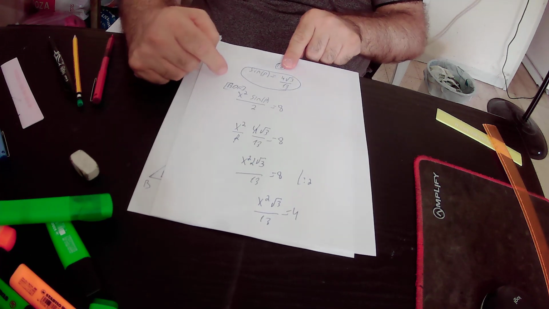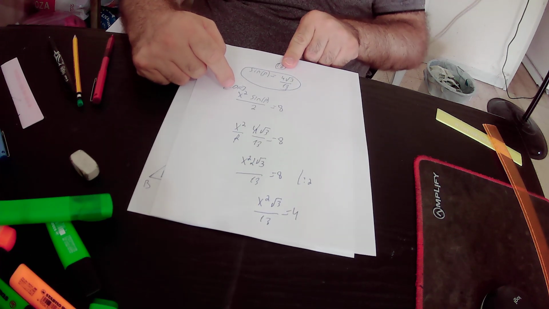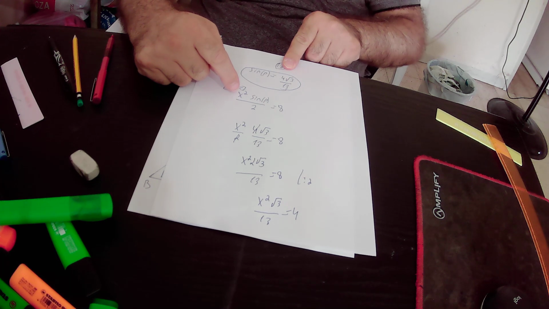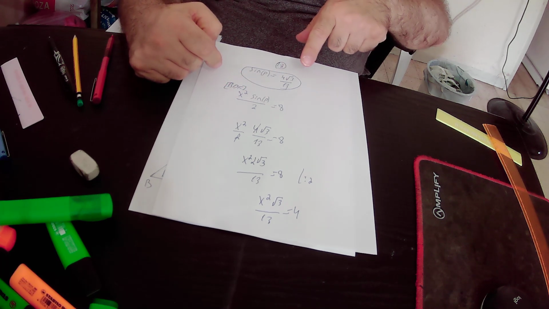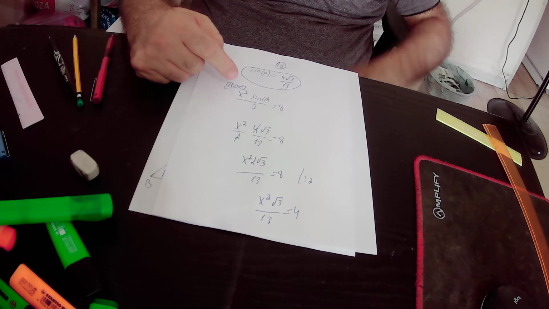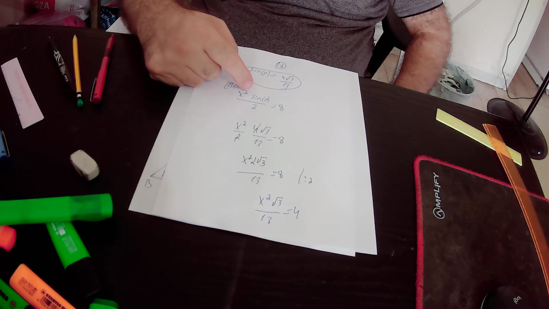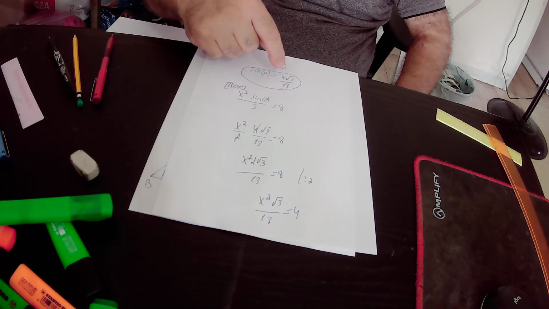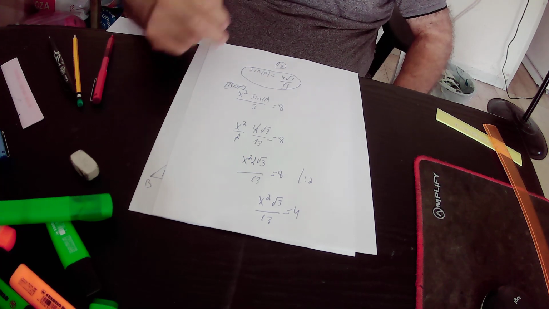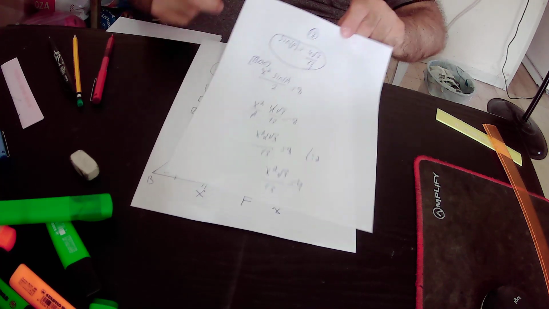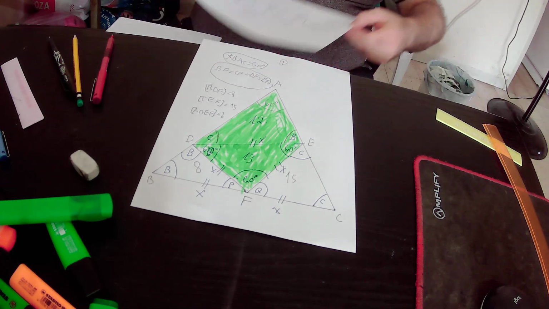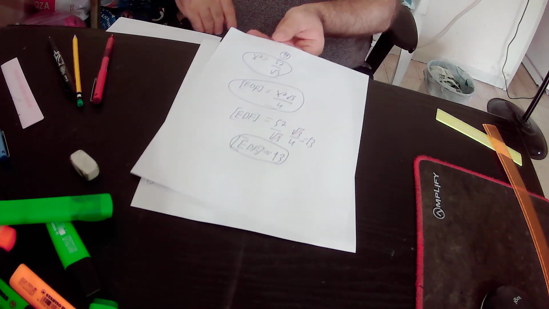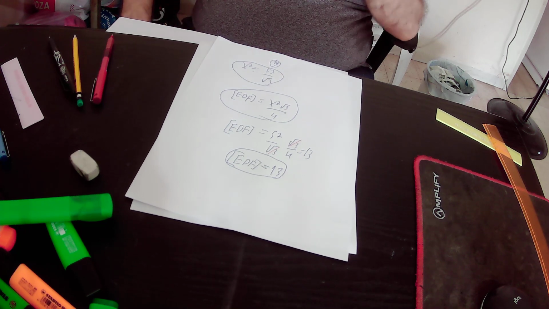The area of triangle BDF equals x squared times sine P over 2. And we know that sine P equals 4 times root 3 over 13, so we can substitute sine P in this equality by 4 times root 3 over 13. So we did it and found out that x squared equals 52 over root 3.